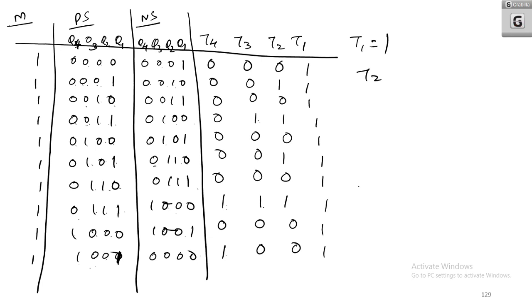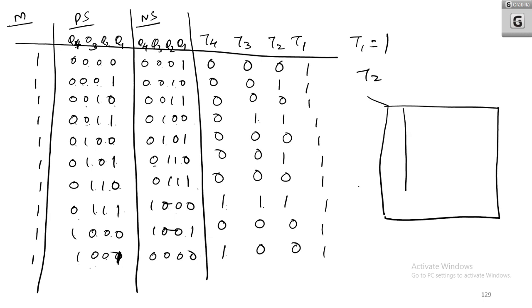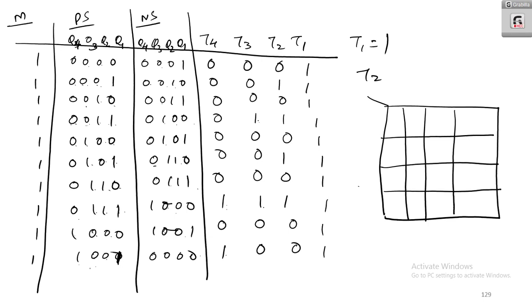So here I need M equal to 1, so I need a 4 variable K-map.